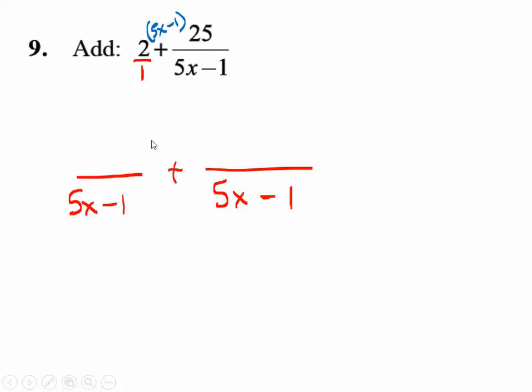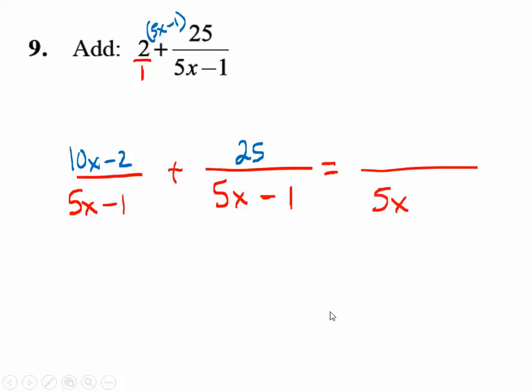Alright, so 2 times 5x minus 1 gives you 10x minus 2. The other one, since we did not change anything on our denominator at all, that means that 25 does not change at all either, so it's just 25. Cool.